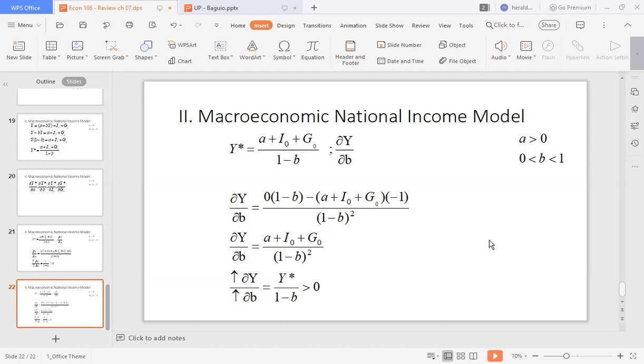So if people spend a lot on consumption, it will have an effect on Y. This is very relevant today, class, especially if the economy is contracting. One way to have a huge effect on Y star, which is again the total output, is to let people spend.